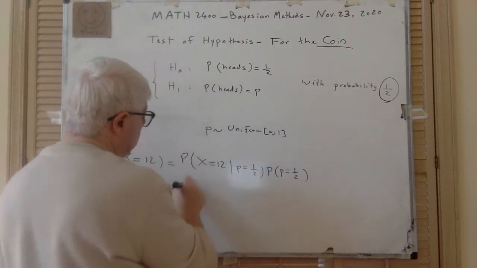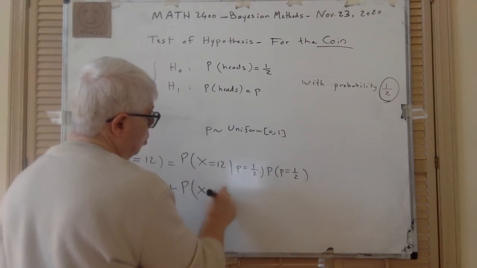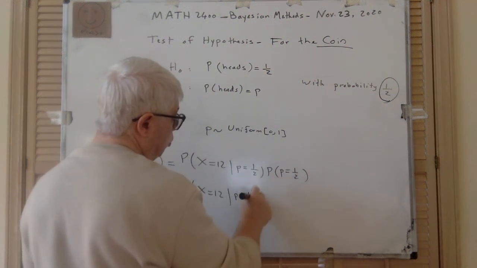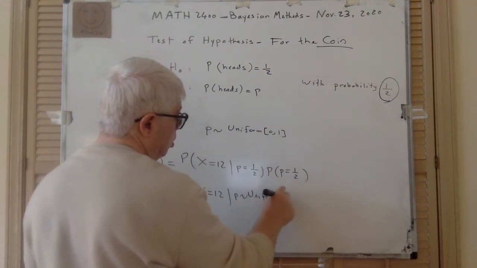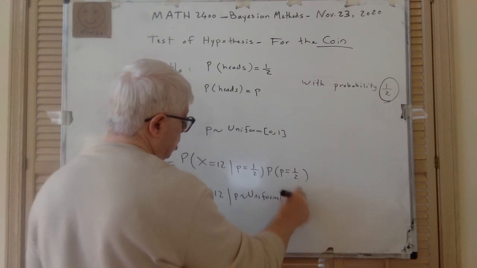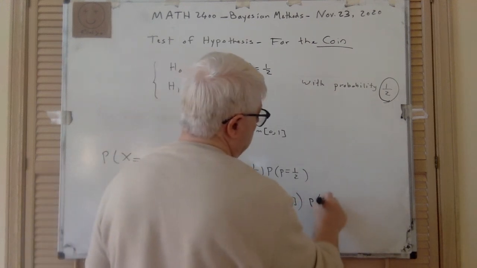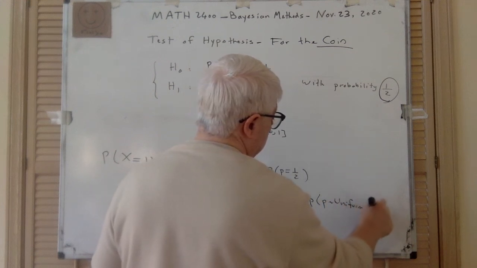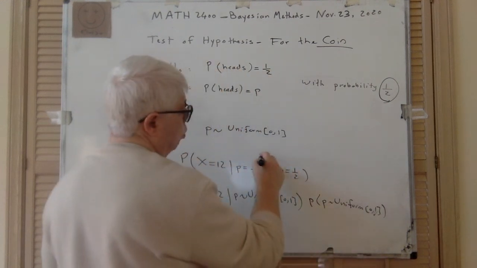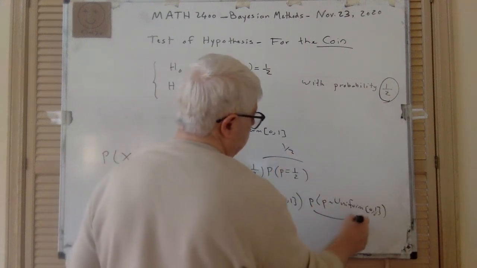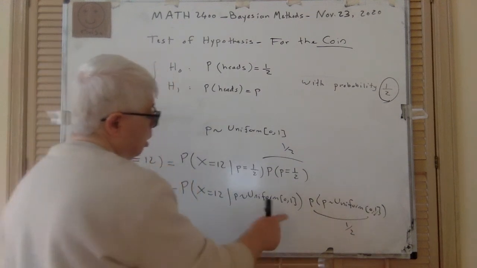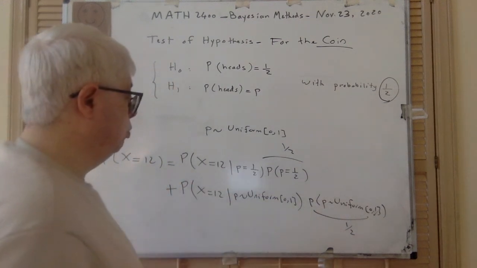But the other one is a little bit harder, because this says that this P, in fact, has a distribution, uniform on 0, 1. This one, we assume, is 1/2, so that's okay, there's nothing special about that. But what is this?